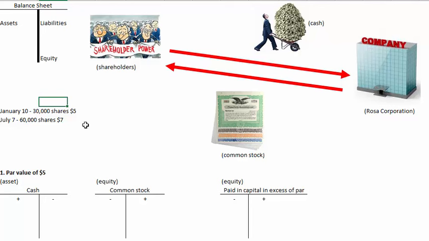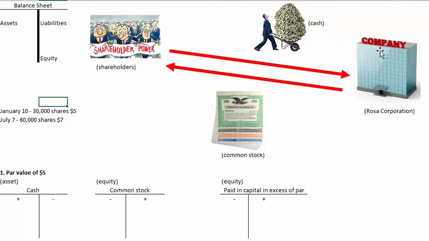So when I look at issuing stock, we have two sides of this transaction. The shareholders are going to take part in the transaction, and the corporation is also taking part in the transaction. Remember, we are going to journalize and record financial statements on behalf of the organization, the corporation, and not the shareholders.